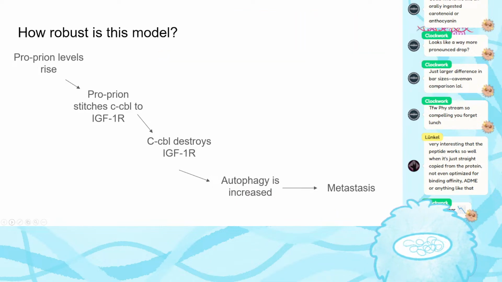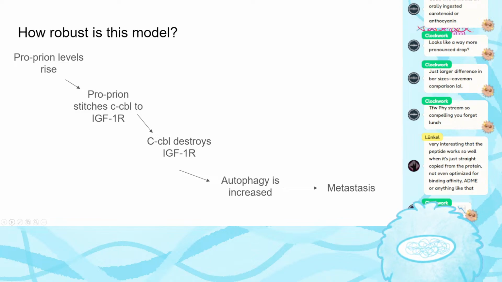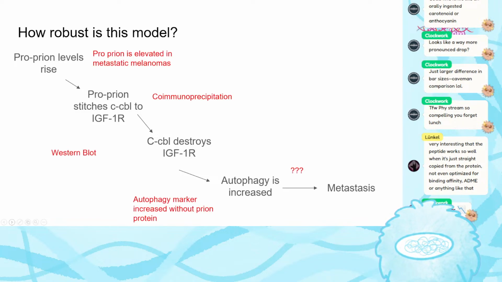So how robust is this model? We'll just take a quick recap on the evidence that we had along the way. Proprion levels rise. We have the knowledge that proprion is in fact elevated in metastatic melanomas, and co-IPs and Western blots gave us a lot of information about how these proteins work on each other. And then we had more Western blots that told us about autophagy markers.